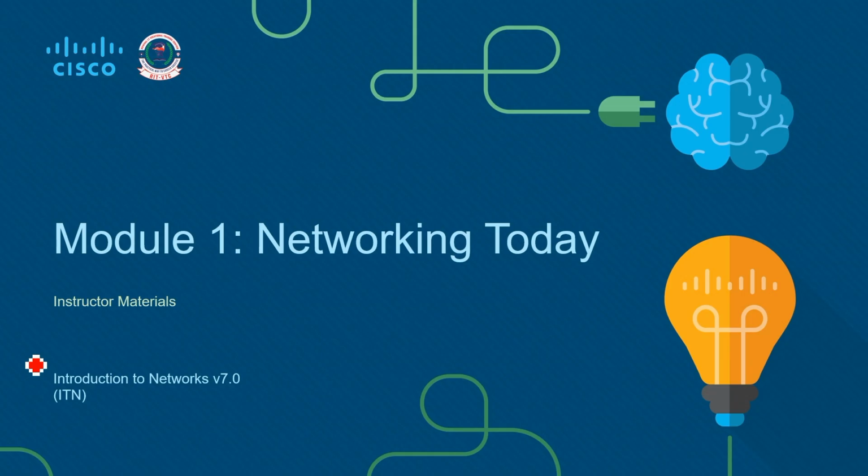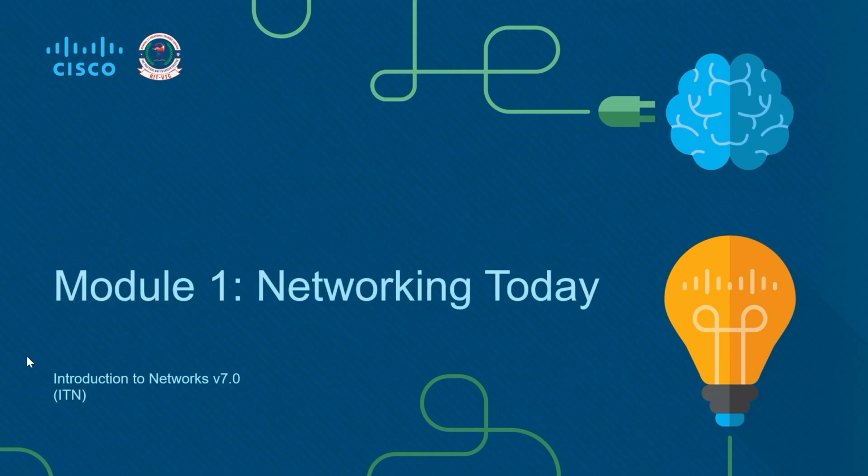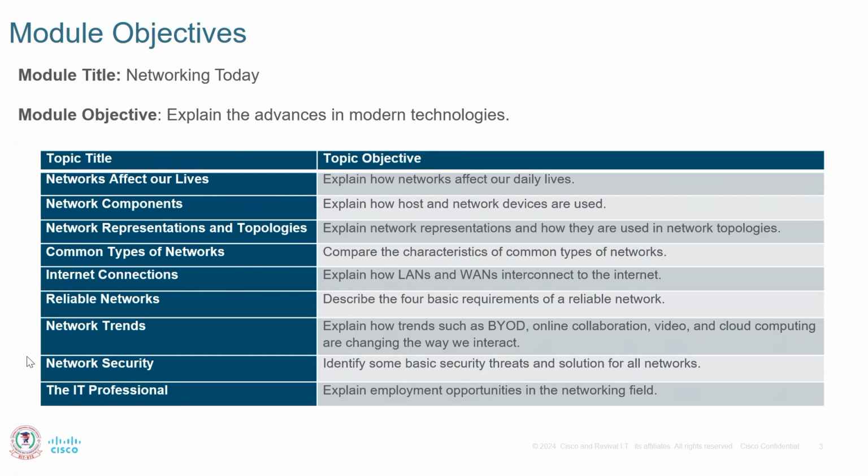Okay, so in this module, we are going to talk about how networks affect our life, network components, network representations and topologies, common types of networks, internet connections, reliable networks, network trends, network security, and the IT professional.